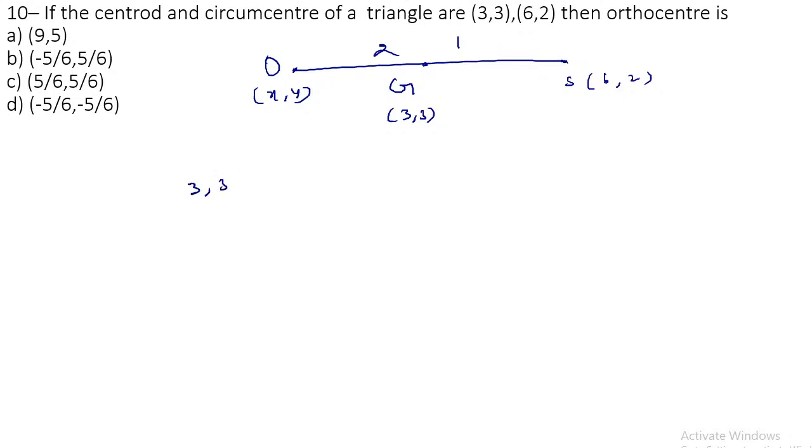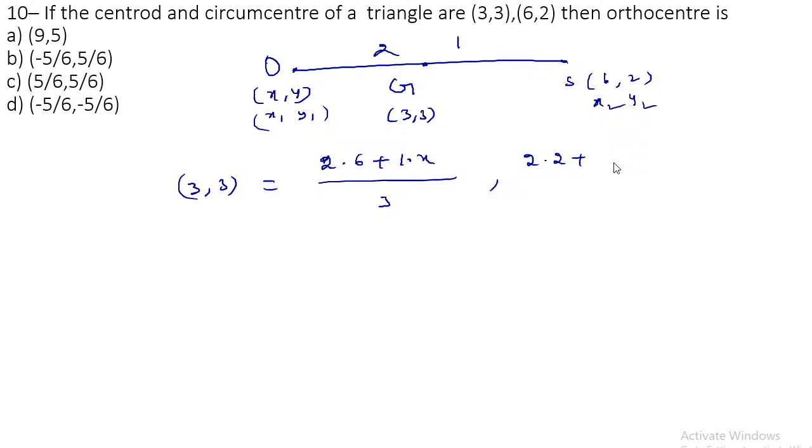So (3, 3), the centroid, is equal to, m is 2, (mx2 + nx1)/(m + n). 2 into x2 is 6, plus n into x1, x1 is x, by m plus n is 3, and my2, 2 into 2, plus n into y1, by m plus n is 3.